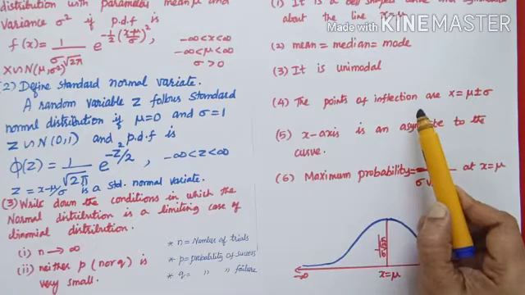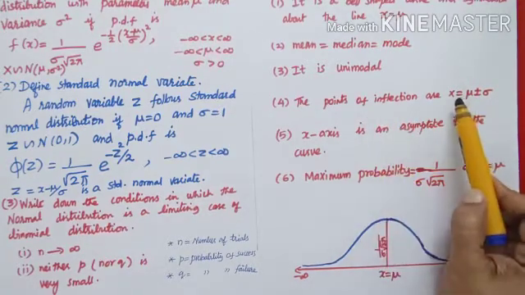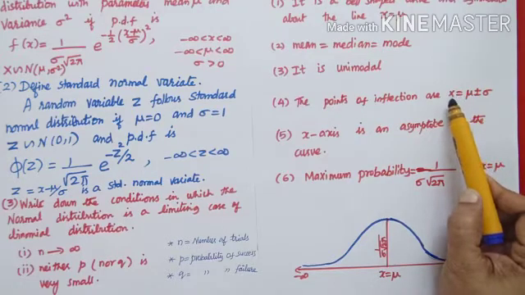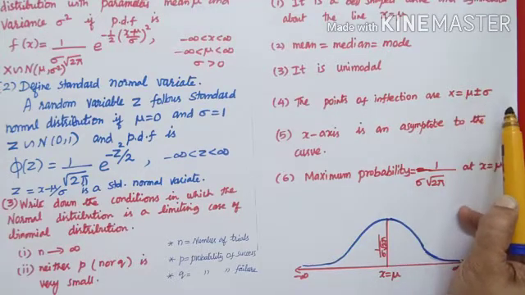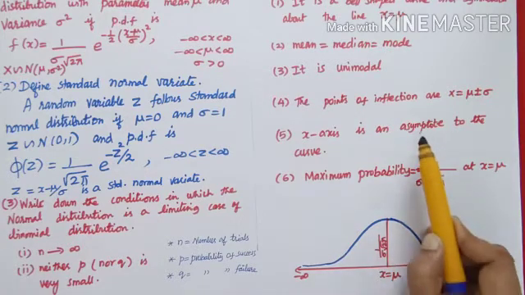Points of inflection, which we had studied in differentiation, we here have the answer x is equal to mu plus or minus sigma. And we see the curve goes on and on, never touches the x-axis. We assume they touch at infinity. This particular line, the x-axis, we call asymptote.